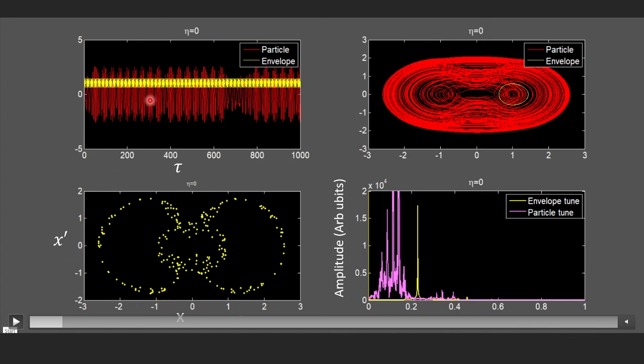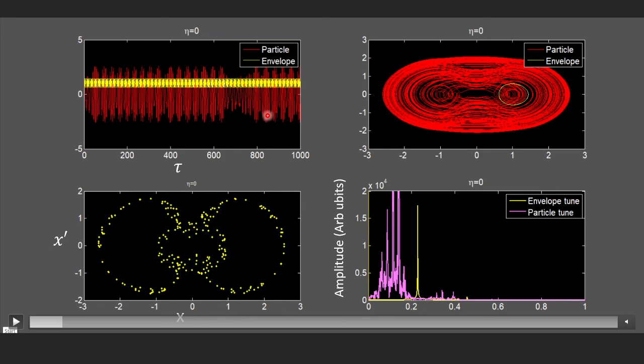Similarly, at the same point we also plot x prime. That's what we have plotted here. So here also you can see different regions: a core region, a tail particle region, and a halo region around this. Finally, here I am showing the tune for the mismatched envelope, in yellow, and the tune of these particles.